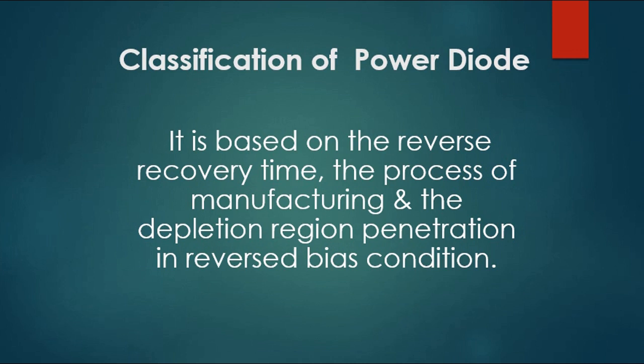The depletion layer is in between the positive and the negative of that diode. That is the depletion region and its penetration in reverse bias condition. I want you to get this so that when I ask you the types of power diode, you will not be lost.